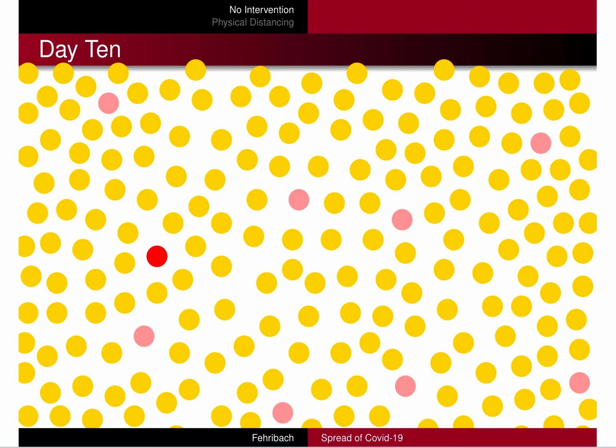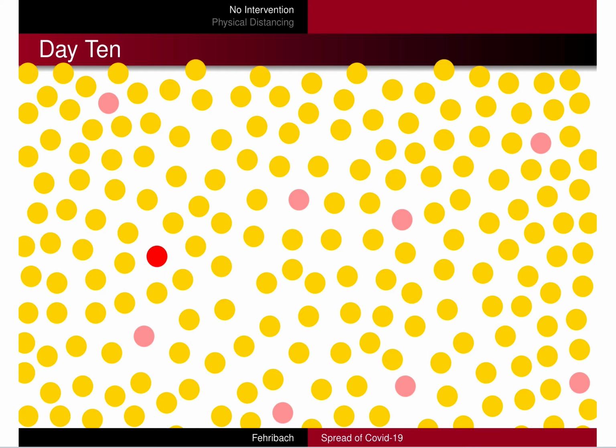we've gone now to 9 people infected, and most importantly, perhaps, we have the first person who is sick. Now, they may not be very sick, and they may not realize that they have COVID-19. They may think that they just have a common cold or something else, or maybe they think that they always have a cough this time of year.